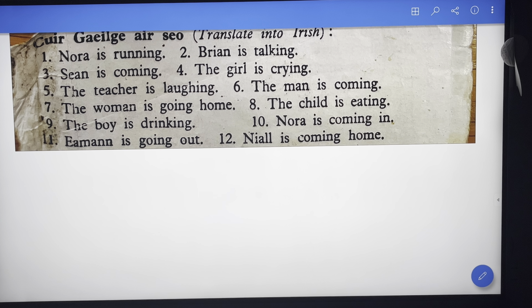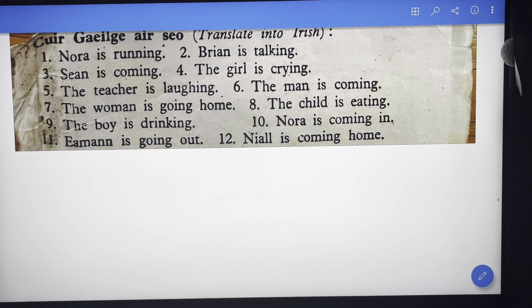Number 7. Tá an bhean ag dul abhaile. Tá an bhean ag dul abhaile. Number 8. Tá an páiste ag ithe. Tá an páiste ag ithe. Number 9.